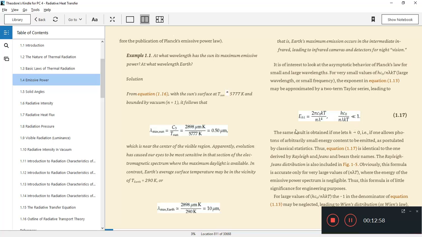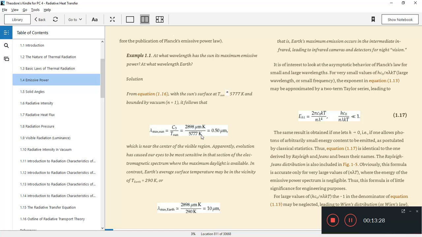So example 1.1 is, for example, if the sun is 5777 K, what is the lambda max of the sun? It is 50 microns. It's just a substitution, and nothing really much to do about that. So that's all for Wien's displacement law. We can move on to other discussion thereafter.